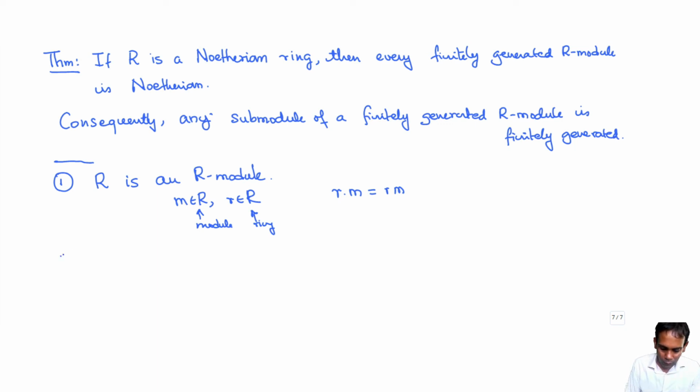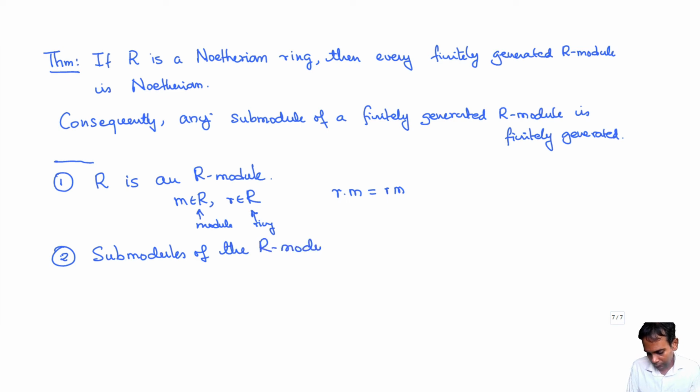Okay, and then what are the submodules of R? It's very awkward to keep saying the R module R, so I'll just write this thing as R, and on the left I'll put a small r, saying that this r is acting on R, so R is a left R module.